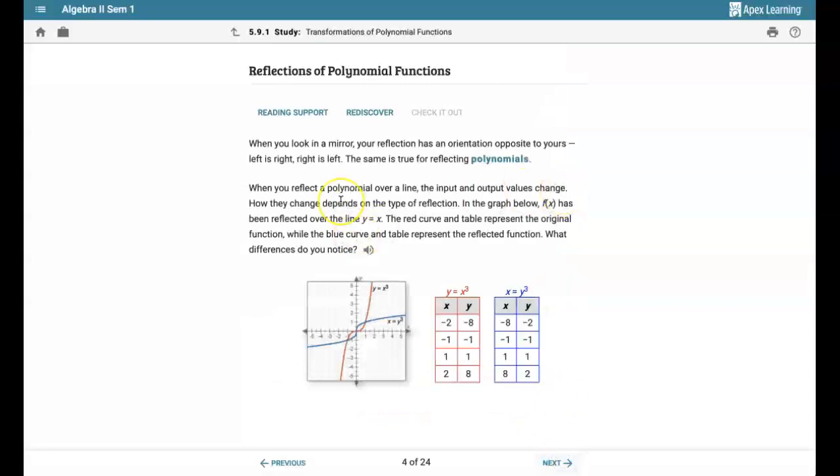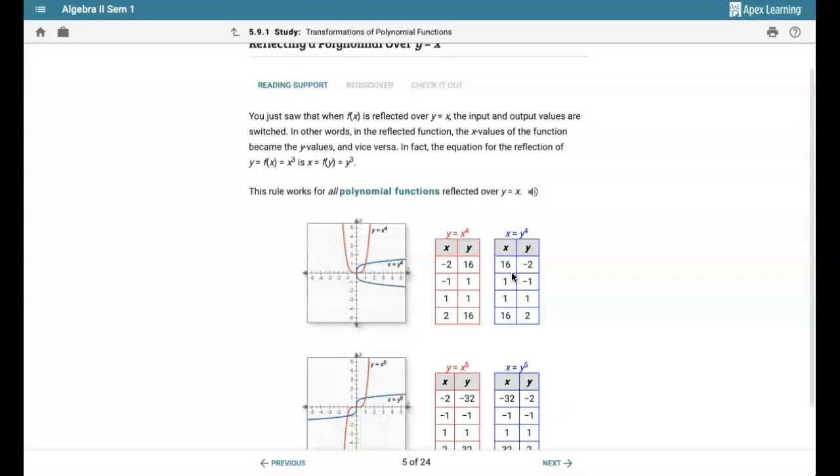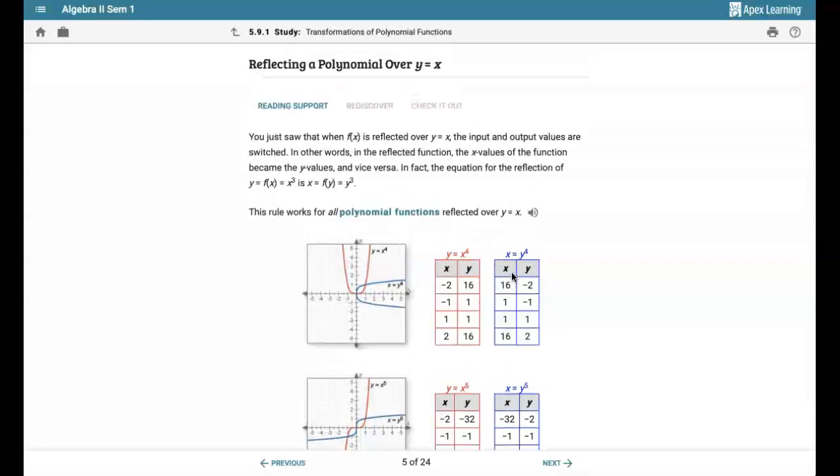Now, reflections. Again, we had a unit on this already, but reflections of the polynomial function means reflecting across the line y equals x. They should look like mirror images across. And when we reflect across this, we can see if the inverse of that function is also going to be a function.